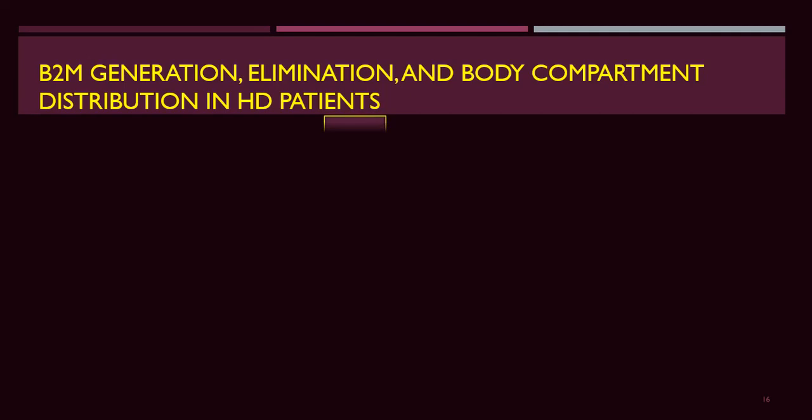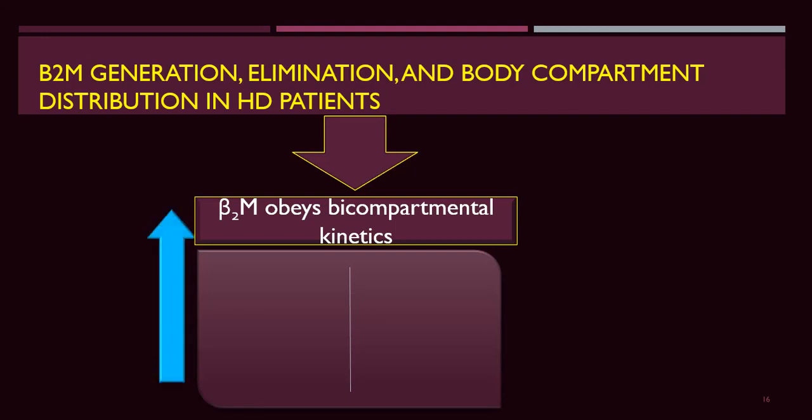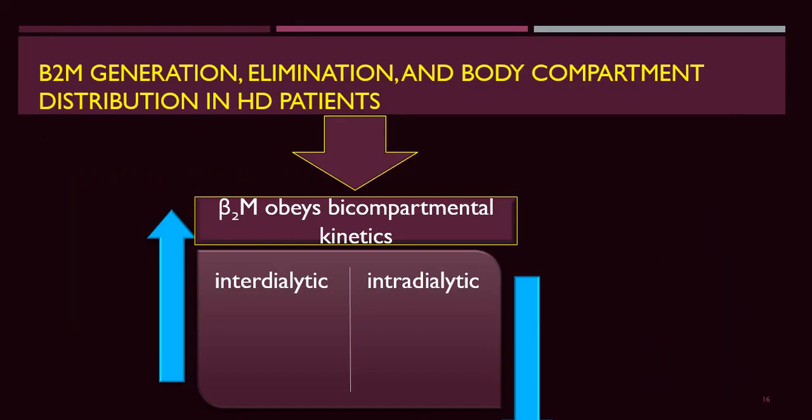The distribution of beta-2 microglobulin in the patients has a bicompartmental kinetics, meaning interdialytic and intradialytic. The interdialytic parameter is the accumulation phase of beta-2 microglobulin, and the intradialytic is the removal rate of beta-2 microglobulin from the blood, while there is a shift of beta-2 microglobulin from the blood to the membrane.